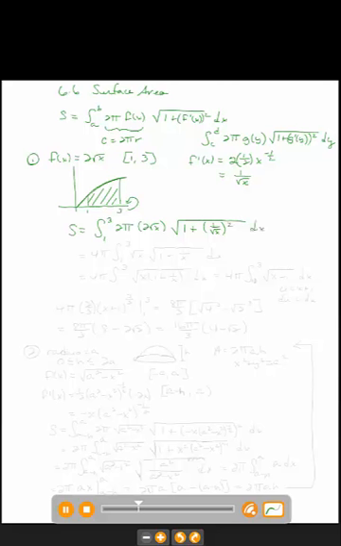Now, cleaning this up, I could pull the 2 pi and the 2 outside because they're numbers. I have a square root of x, and I have a square root of 1 plus 1 over x. We need to get those two square roots together.